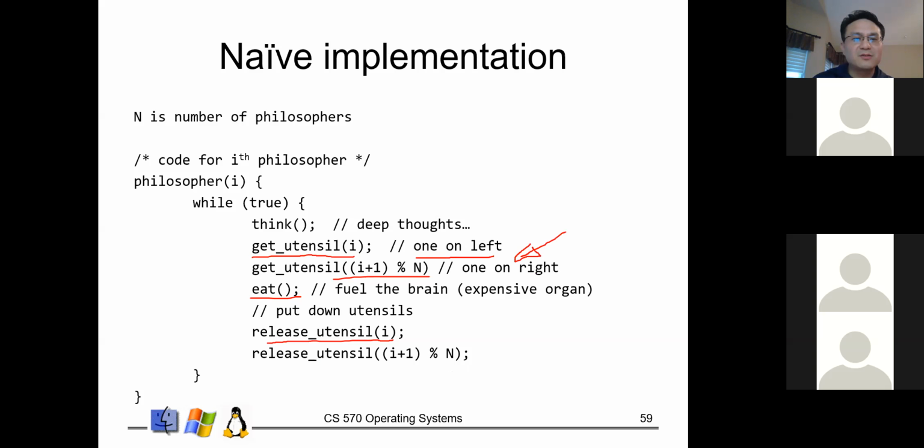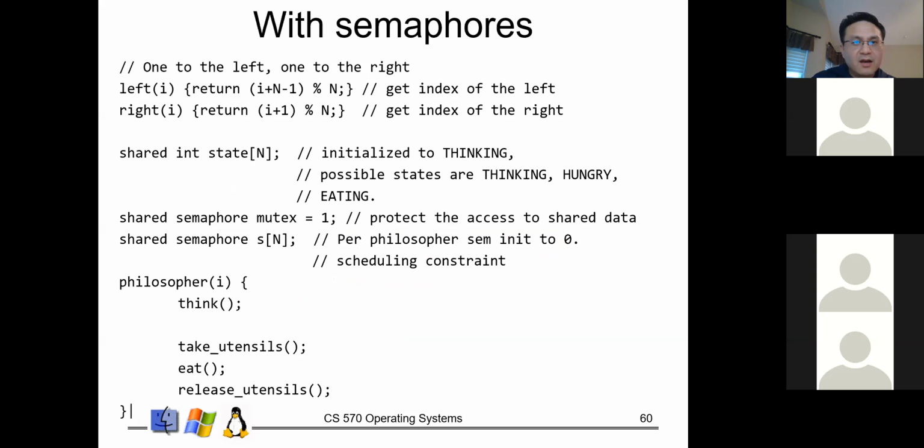Then the philosopher will end up with only one utensil, holding it, and the philosophers beside this philosopher would not be able to acquire the utensil it is holding in order to eat. So this could end up with a potential deadlock. All right, let's see how we can use semaphores to solve this.